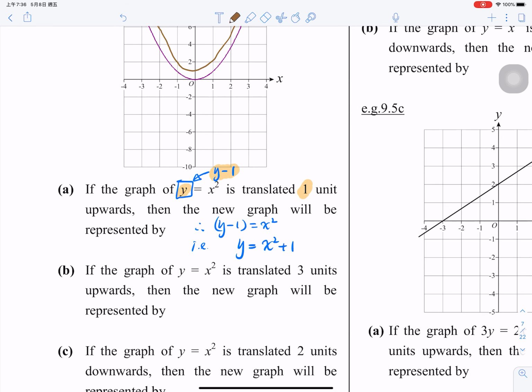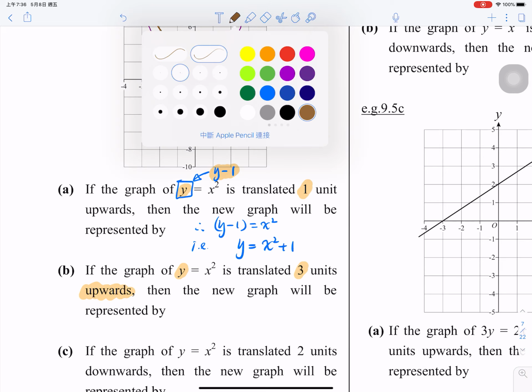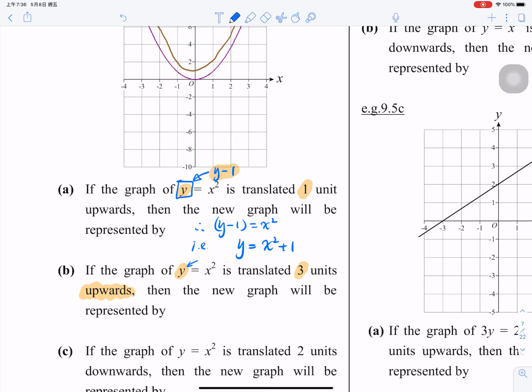Maybe one more. B. If the graph of the function y equals x squared is translated 3 units upwards, then what should we substitute into y? Then the new graph will be represented by, upwards, right?